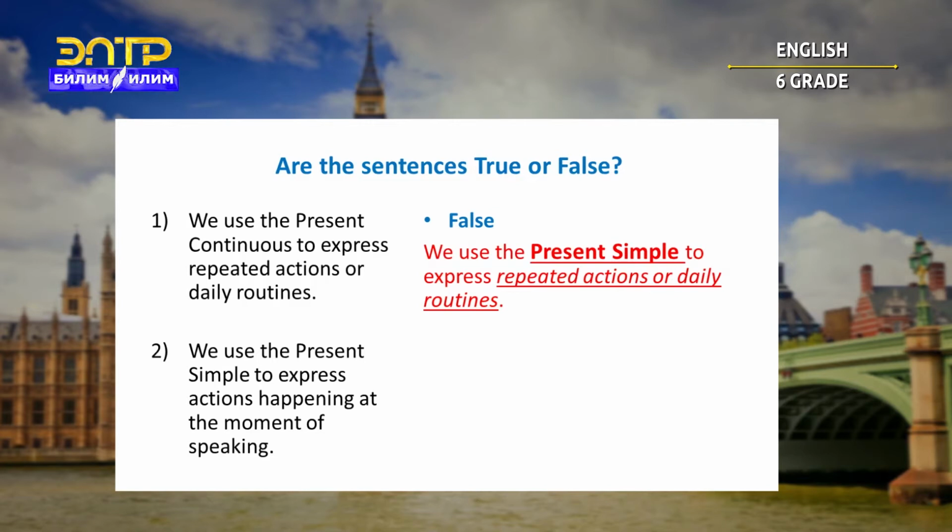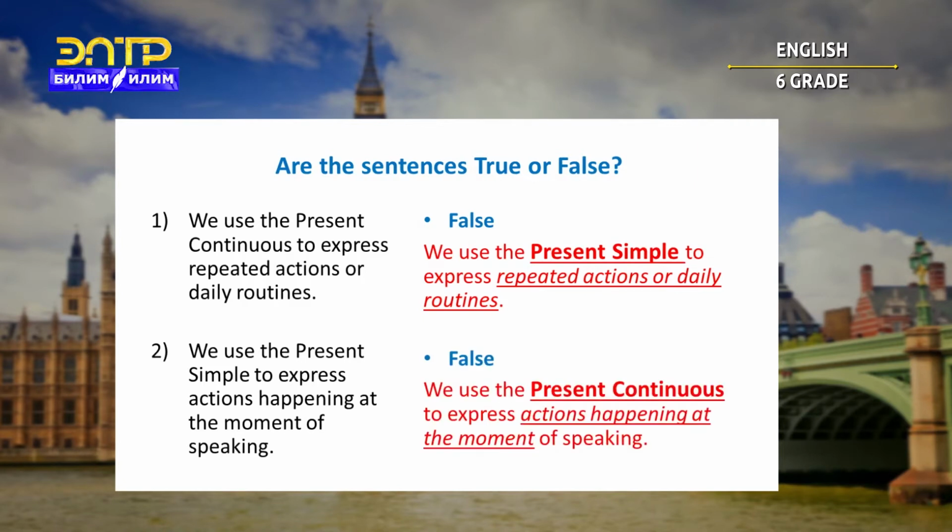Number 2. We use the present simple to express actions happening at the moment of speaking. This is false. We use the present continuous to express actions happening at the moment of speaking.